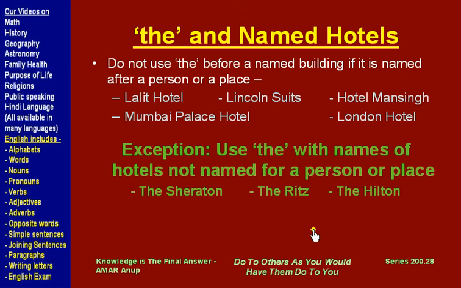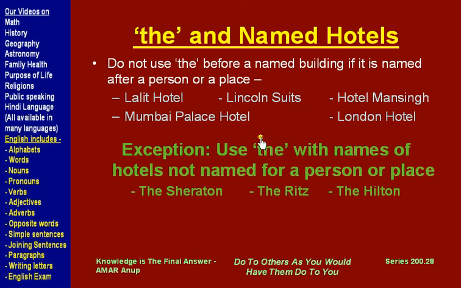What about hotels? Do not use "the" before a named hotel if it is named after a person or place. So there is Lalit Hotel, Lincoln Suites, Hotel Mansingh, Mumbai Palace Hotel, London Hotel.